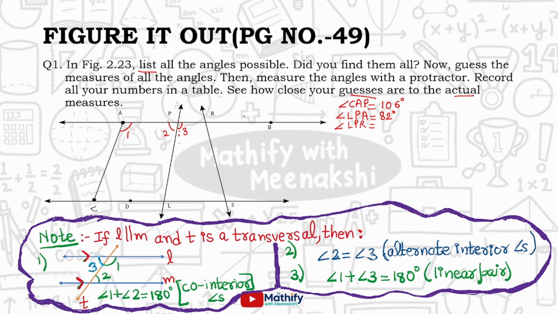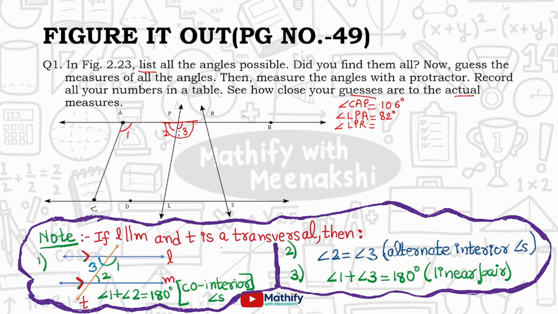Now you know one thing. Because this is a straight line, and on a straight line, this is a straight angle that I've written here. If you see this figure carefully, I've written a note for you that if L is parallel to M, that means two lines are not intersecting and their distance is always the same. So if you see your figure carefully, you can see that AB and CS, these two lines are parallel, that you can just measure with the help of a ruler.